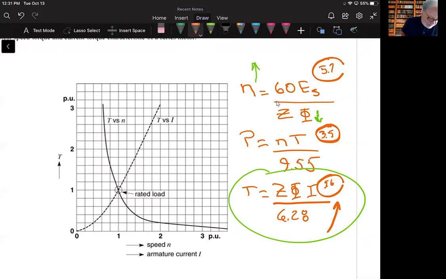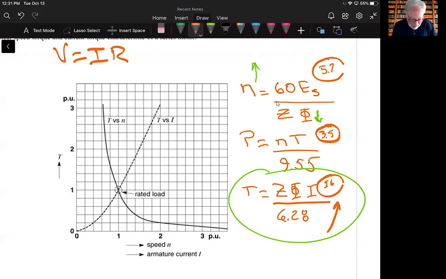And then he tells us also that sometimes the speed may be lowered by connecting an external resistor in series with the armature and the field. So it would be like another series resistor along with this series field. What would happen then is that this would cause an IR drop, right? V equals IR.